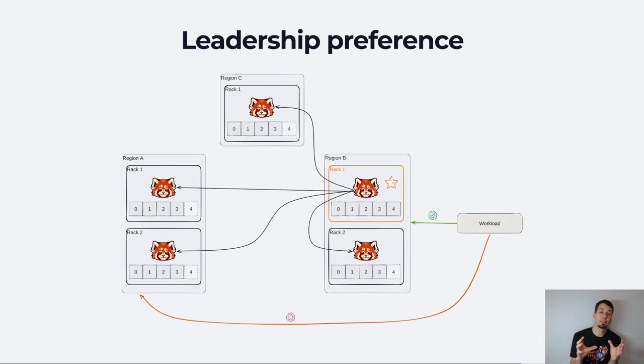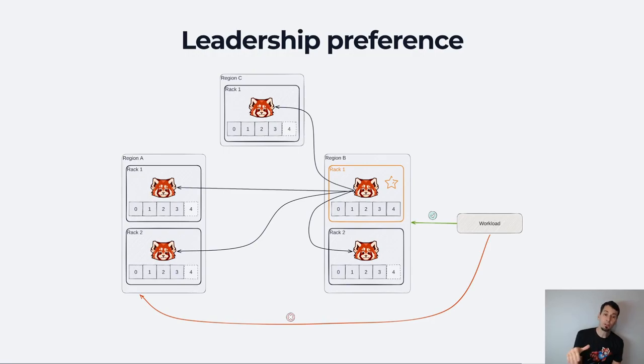It's called leadership preference, where we define priorities that express a preference for the leaders. So basically, you can specify which is the most probable replica that will win the leader election. Another component in Redpanda is the leader balancer. It's like an optimizer that optimizes leader placement around the cluster.